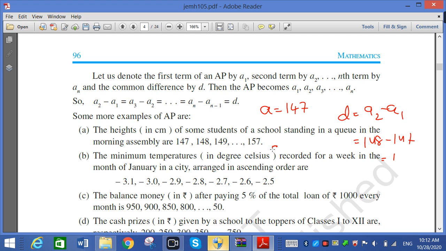So the difference D is equal to 1. So two things we have to find out, either A or D, or we have to find out the term. In the first we can say plus 1, in the second we can say plus 0.1.